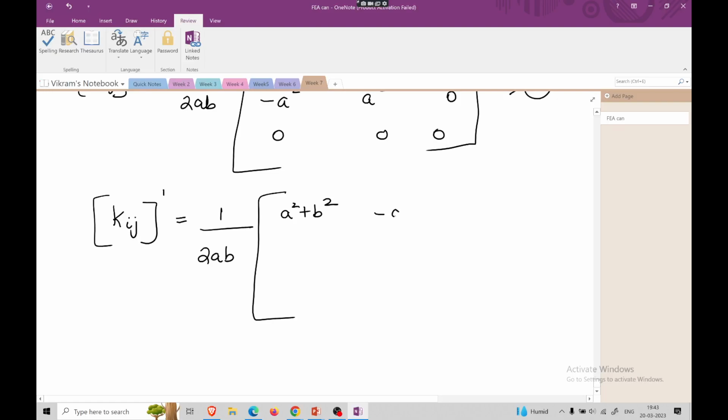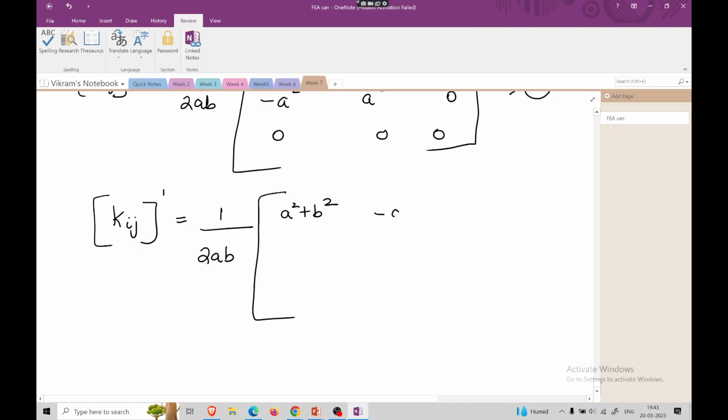What is K22? K11 of the first element, A square plus B square. What is K23? K12 of the first element, minus A square. What is K24? It is 0.